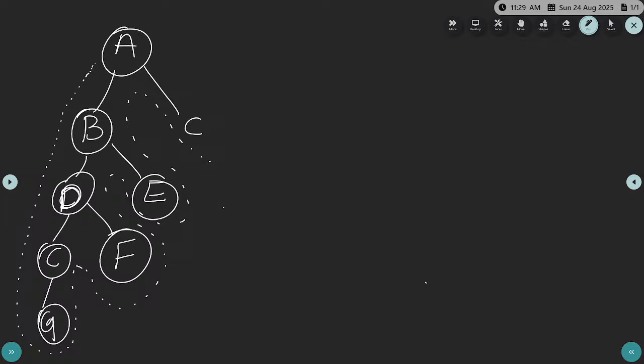How many vertices are there here? 3, 4, 5, 6, 7. 8 vertices are there, right? Sorry, this is H. Okay? This is H.